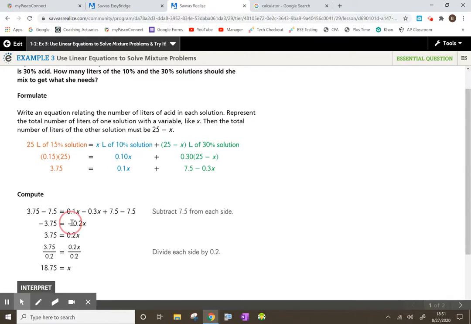Yep, it shows up there as a negative 0.2x. If you move the 7.5 to the other side, you would subtract it. So 3.75 minus 7.5 ends up to negative 3.75. From there, you just divide by the negative 0.2, and you end up with 18.75 as your x, as your number of liters of the 10% solution.